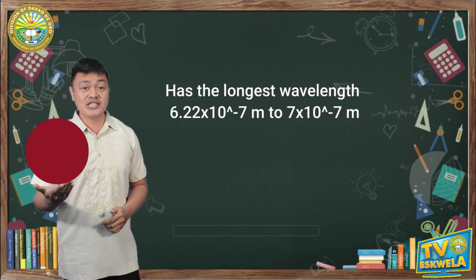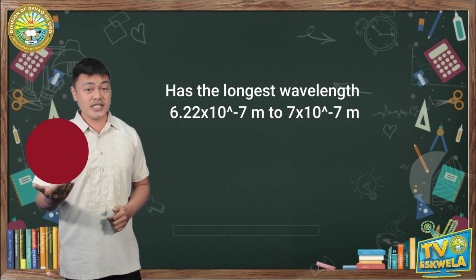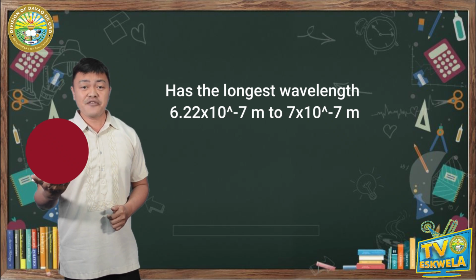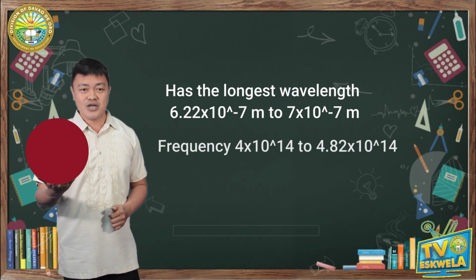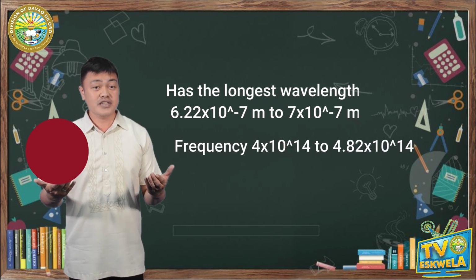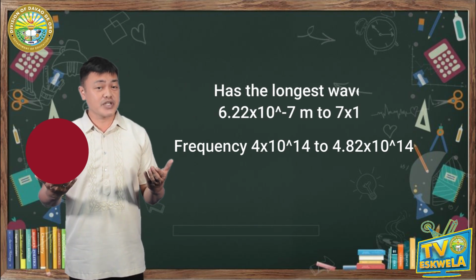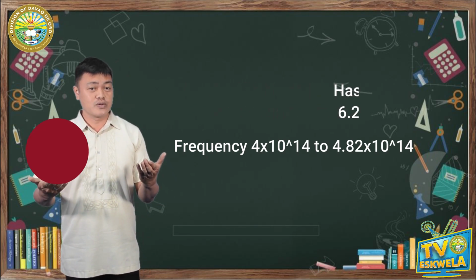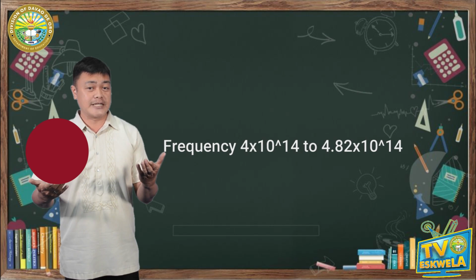Red has the longest wavelength, 6.22 times 10 raised to the power of negative 7 meters to 7 times 10 raised to the power of negative 7 meters, with a frequency of 4 times 10 raised to the power of 14 to 4.82 times 10 raised to the power of 14.